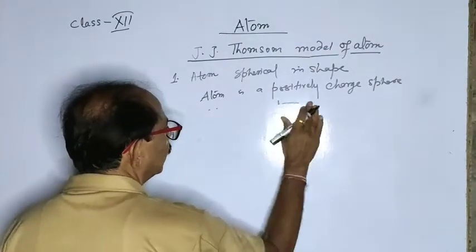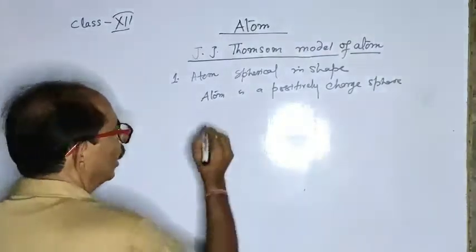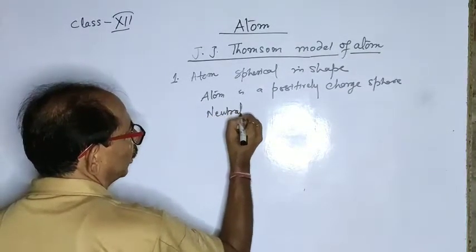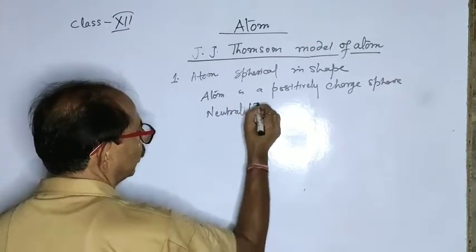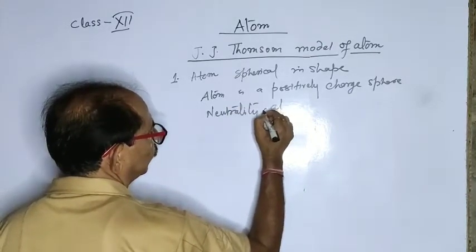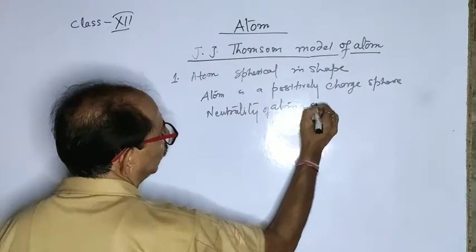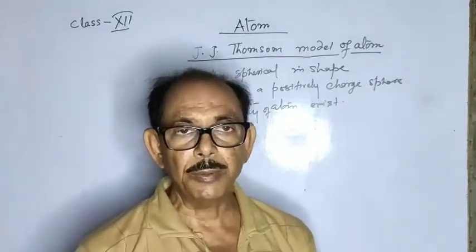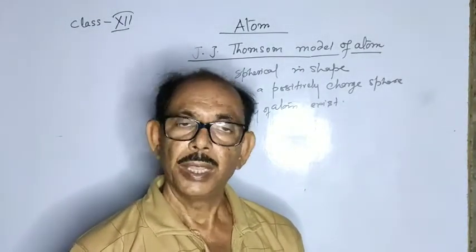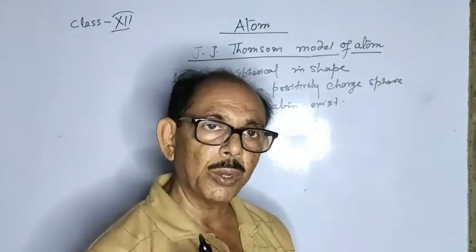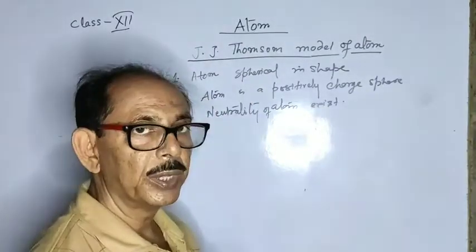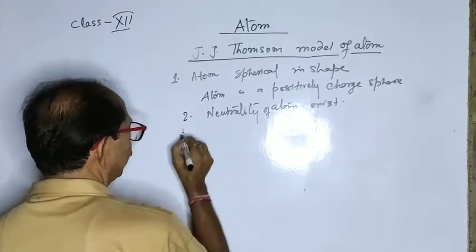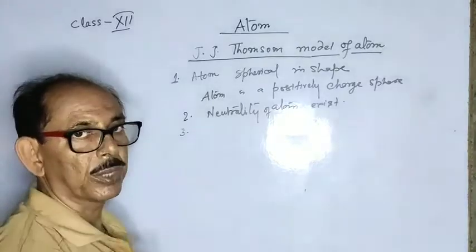That means J.J. Thomson said neutrality of the atom exists, यानी एटम जो होता है वह न्यूट्रल होता है. That means negatively charged particles are also in the atom. So third, this was second, third was the basic structure.